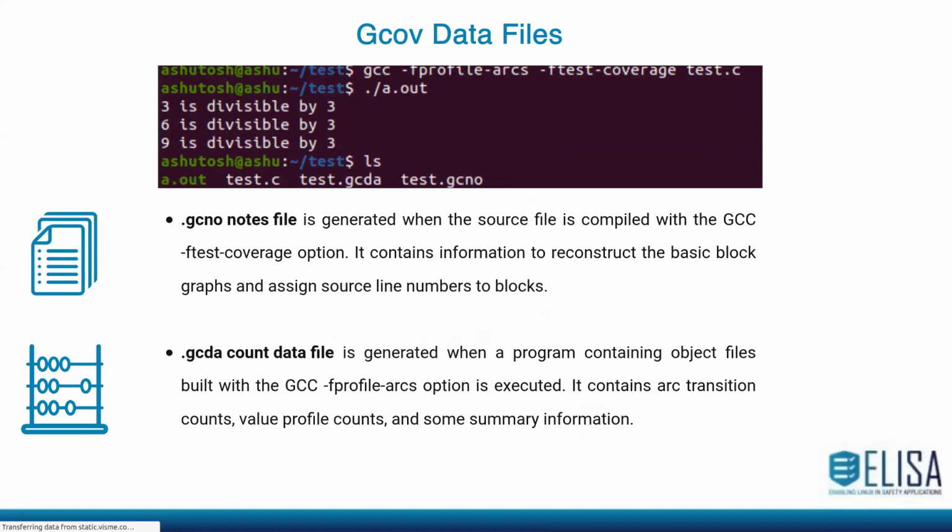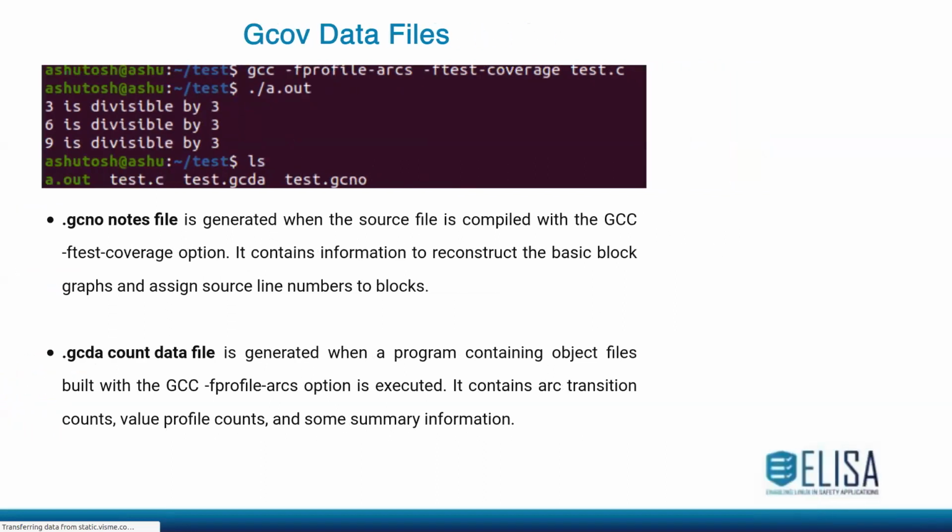It contains information about the basic blocks, as in when we give a program to gcc, it breaks it down to basic blocks that are then executed sequentially or in a pattern, and that information about how those blocks are there and how they transition to each other is stored in the gcno file. The gcda file stores arc transition counts, your value profile counts, and your summary information, basically all of the data concerned with the coverage report.